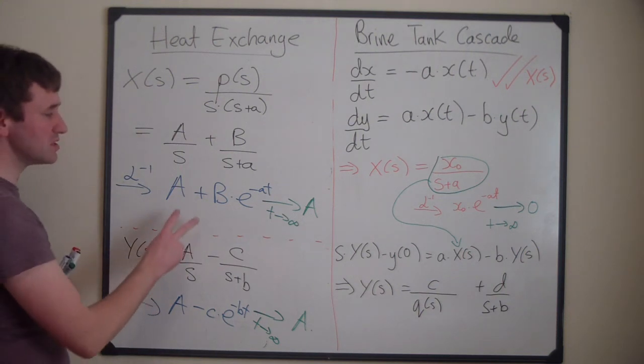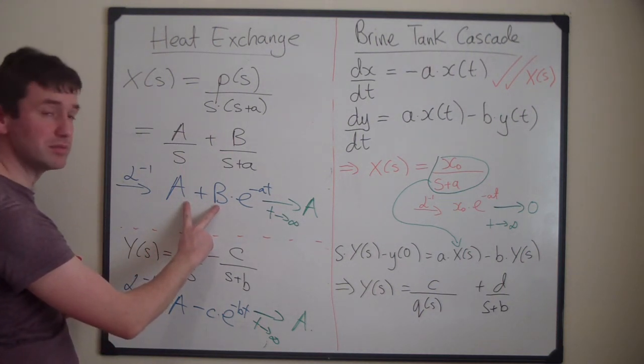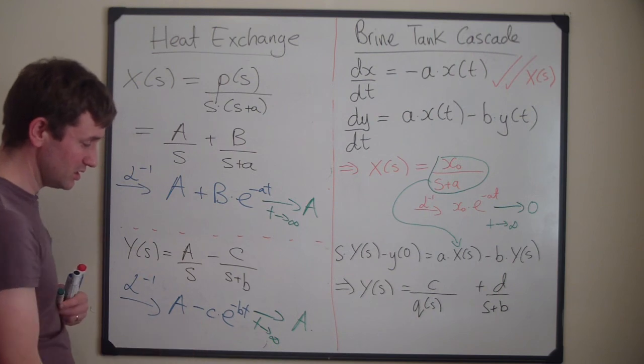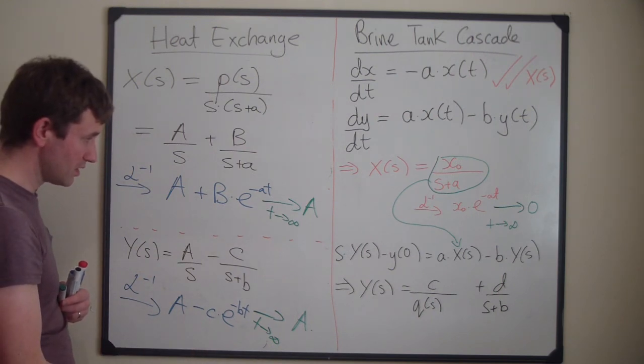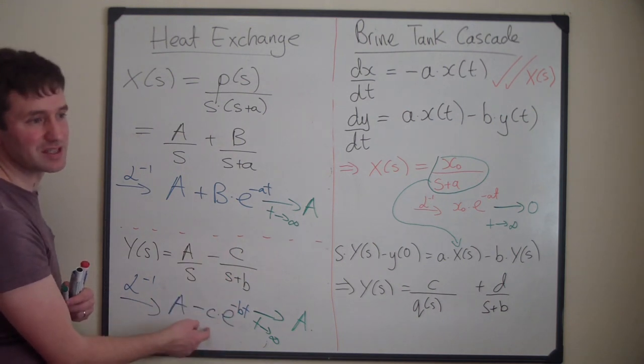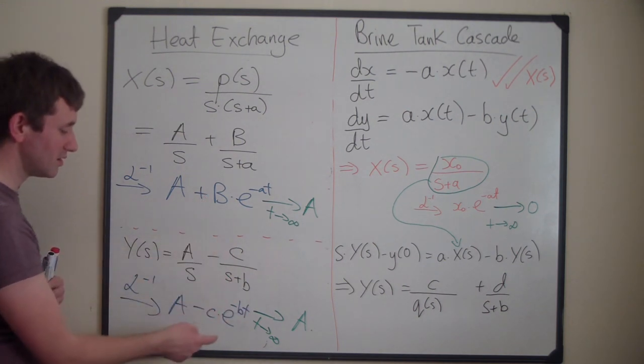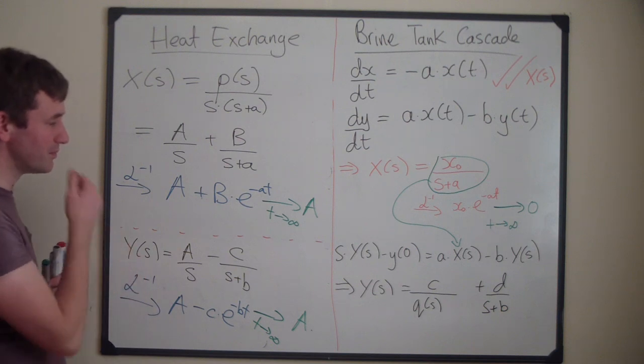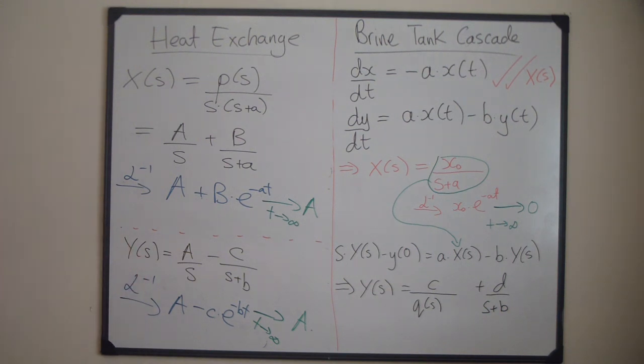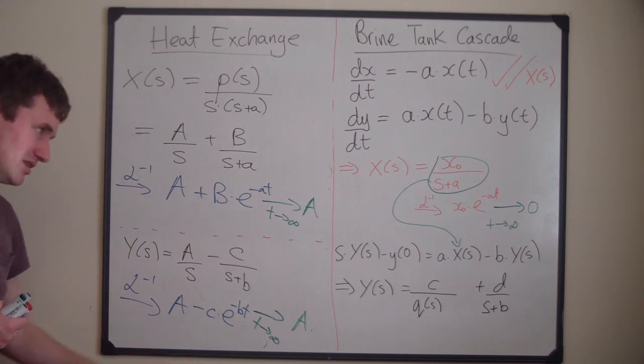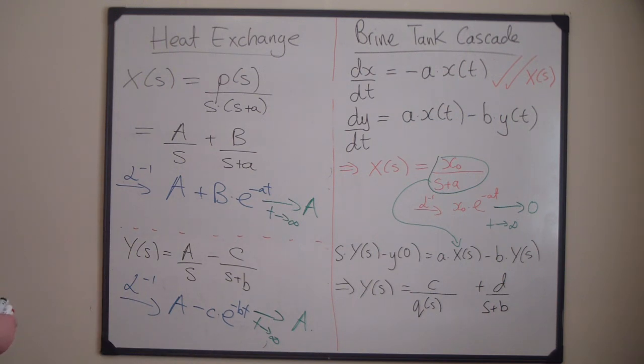One of them will be initially hot and the other initially cold. Actually, I think this is the hot one, because this goes down to A, and this is the cold one, because this goes up to A. So that's basically the abstract of it.